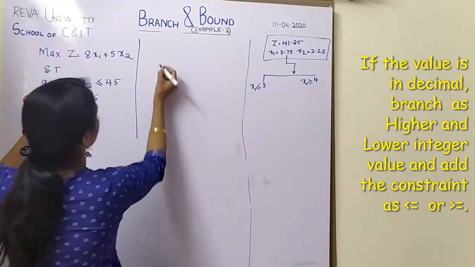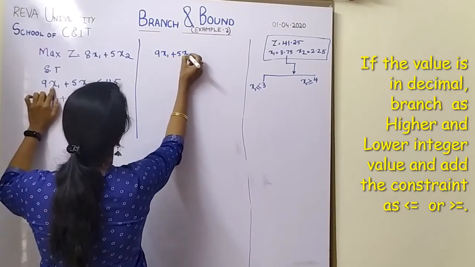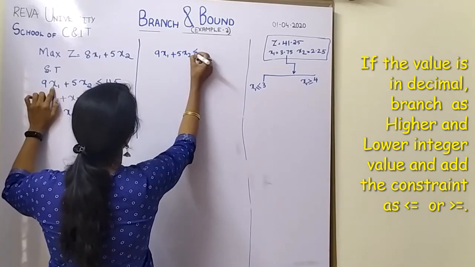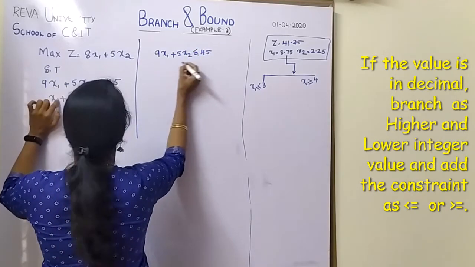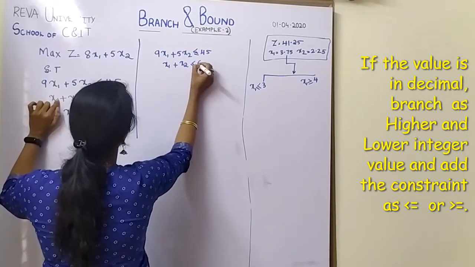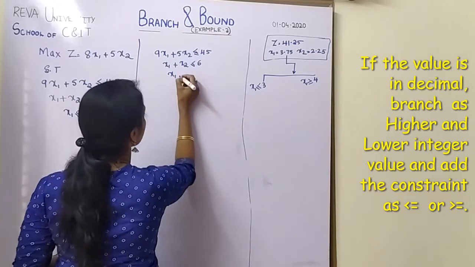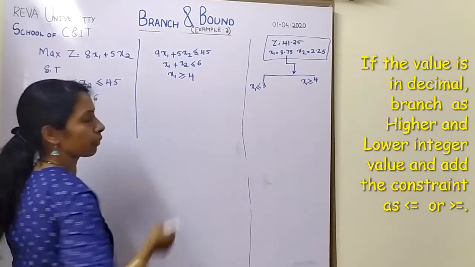So here I'll write again 9x1 plus 5x2 is less than or equal to 45, x1 plus x2 is less than or equal to 6, and now I have to include this constraint 4.